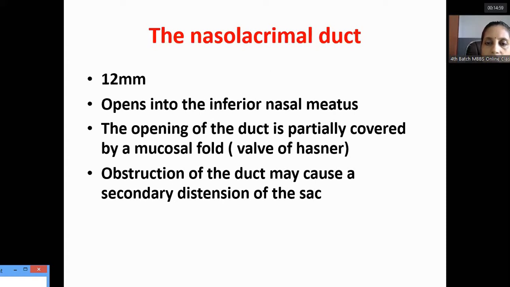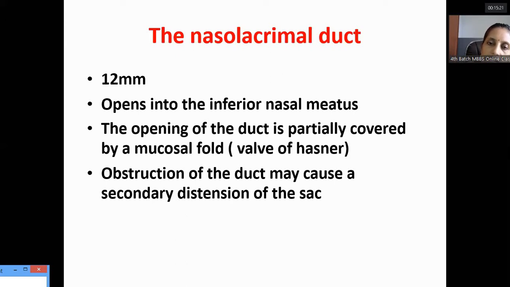So obstructions of the duct may cause secondary distension of the sac. What happens in case of congenital dacryocystitis? This mucosal fold is covered, it's not open, and it opens only after the tear mechanism is formed. The tear mechanism usually forms about 2 weeks after the child is born.